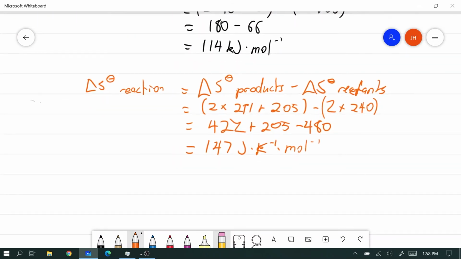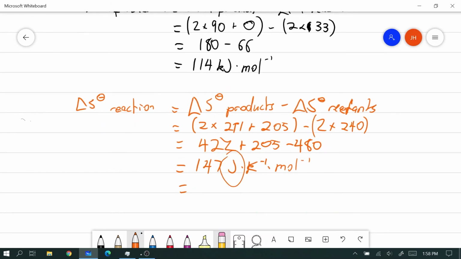Note though, there's a discrepancy between the joules and the kilojoules here. To fix that, I'm going to convert my entropy into kilojoules. So that's 147 times 10 to the negative 3 kilojoules per Kelvin per mole.